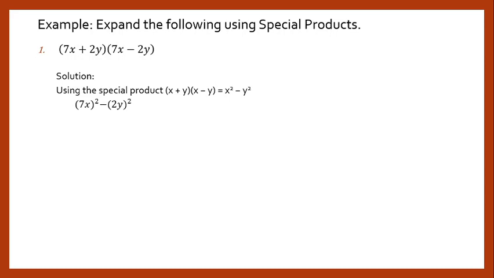So you have (7x) squared minus (2y) squared. We have the parenthesis, meaning squared niyo yung 7x and then separate the 2y. The negative sign, kopyahin niyo lang sa special product. Yun lang naman. Sundan niyo lang yung given na special product. So we have for your answer 49x squared minus 4y squared.